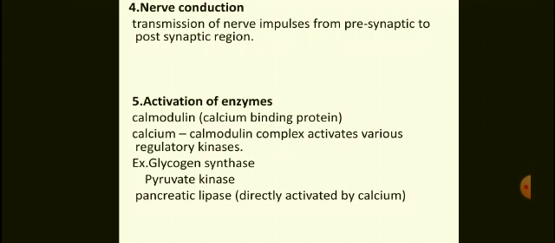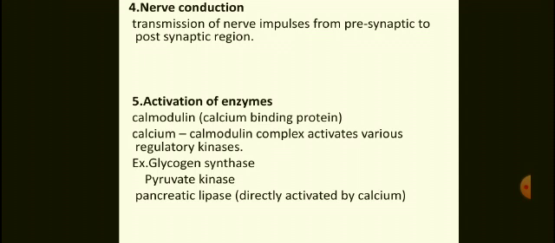When calcium binds to this calmodulin, it forms calcium calmodulin complex, and it activates various regulatory kinases. Example, glycogen synthase, which is an enzyme responsible for glycogenesis. Then pyruvate kinase, an enzyme of glycolysis.